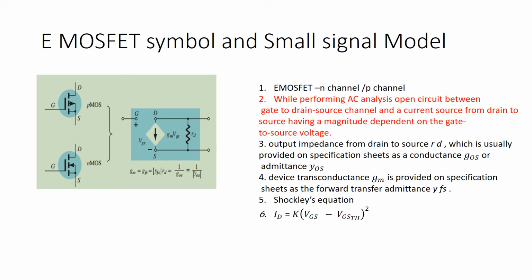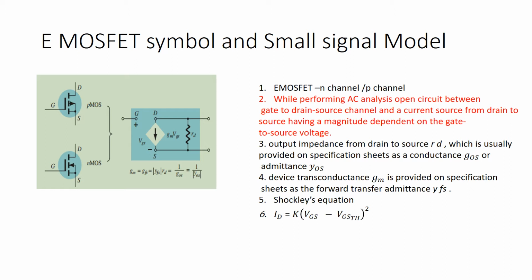For an EMOSFET, N channel or P channel, when we represent the symbol as a small signal model for AC analysis: an open circuit between the gate and drain channel, and a current source from drain to source with a magnitude dependent on the gate to source voltage.